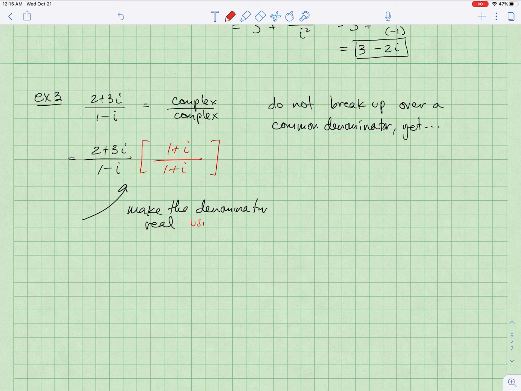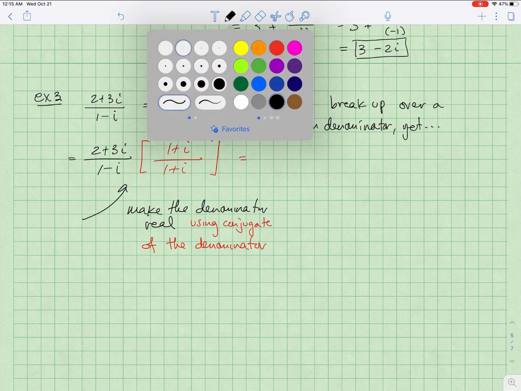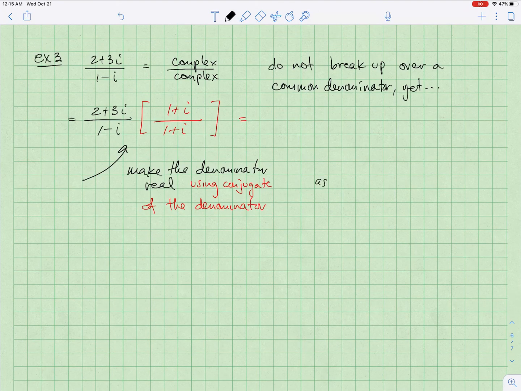Make the denominator real using the conjugate of the denominator, because when you multiply complex conjugates together, you get a real number. So, let's see, aside: 1 minus i times 1 plus i is 1 times 1, which is 1, i, negative i, and negative i squared, which is 1 plus 0i, minus negative 1, which is 2. So this denominator becomes the real number 2.